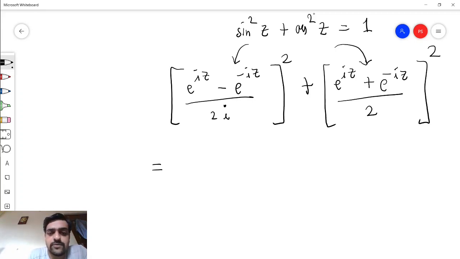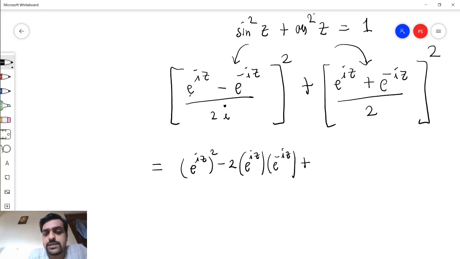So we will first simplify the first bracket. a minus b bracket squared will be a squared minus 2ab plus b squared. So yes, here we have e raised to iz squared minus 2 e raised to iz e raised to minus iz plus e raised to minus iz squared upon 4.